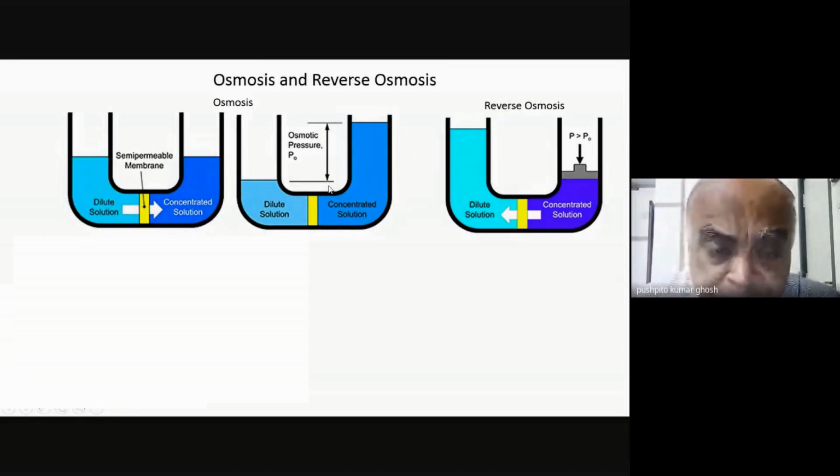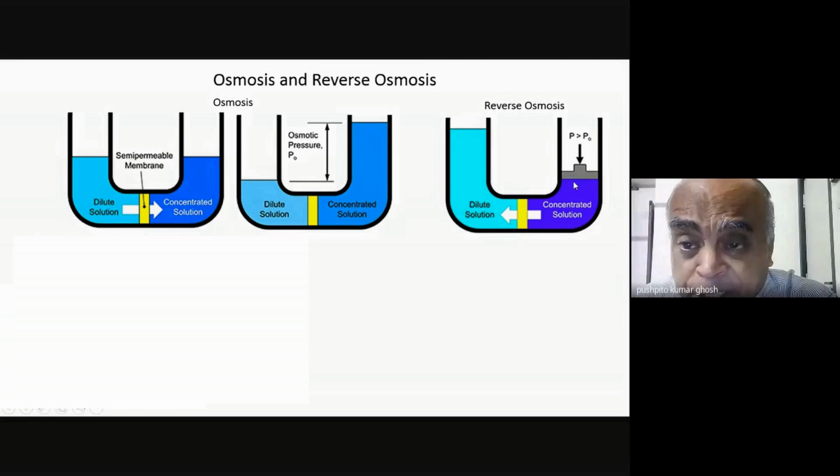Now, what was discovered much later, and very smart thinking, was that if I externally were to apply pressure as a counter force to the natural process, and gradually increase my pressure to go beyond the osmotic pressure, so I first reached the osmotic pressure where both these pressures are equal, and then nothing prevents me from applying a pressure in excess of that.